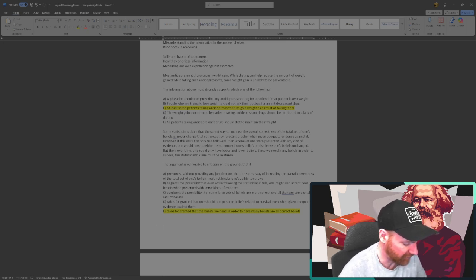Looking at the question stem, need to figure out what's wrong with the argument. Start by finding the conclusion. Points. Claim that surest way to increase correctness of beliefs is to cut out wrong ones and not add new ones is mistaken. Why? Because it would leave us with fewer and fewer beliefs, and we need many beliefs to survive.